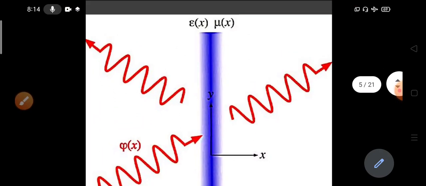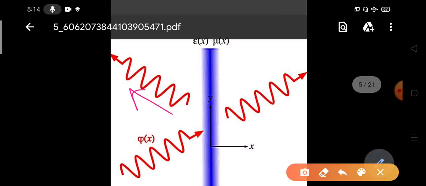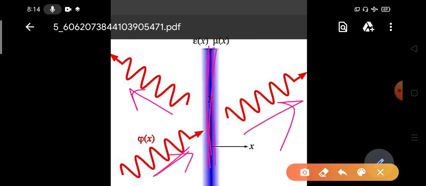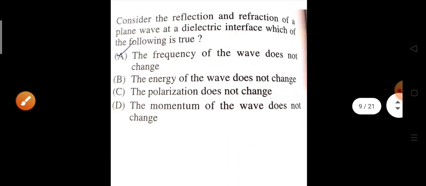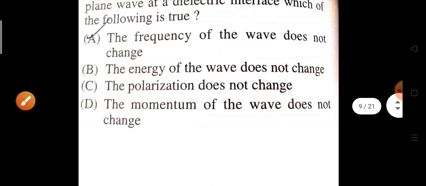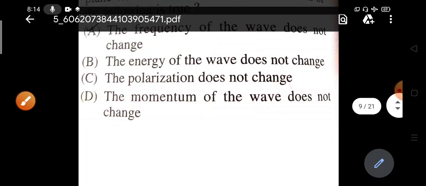Look at here, this is a reflection phenomenon and this is a transmission or refraction phenomenon. Suppose this is a dielectric boundary. So whenever this is happening, the frequency of the wave is always constant. Okay, so there will be no change of frequency.